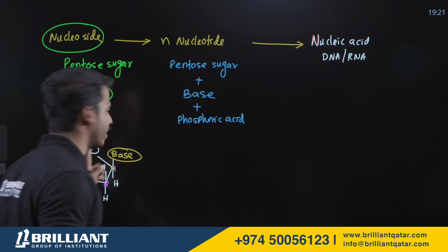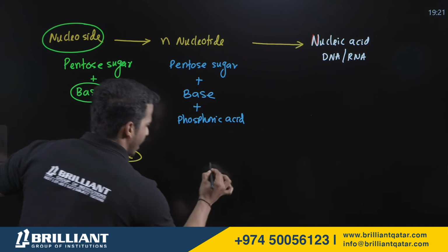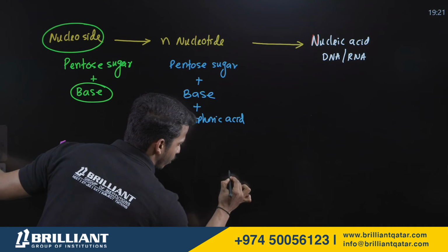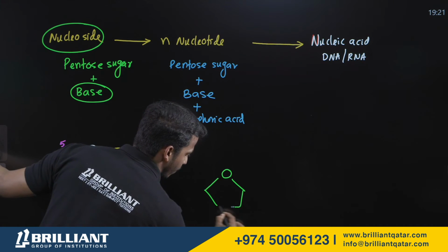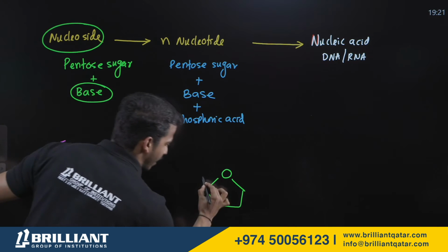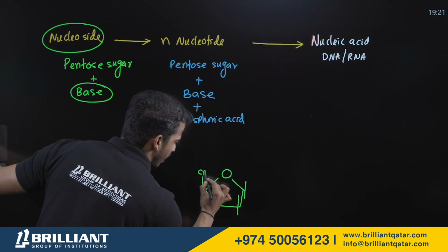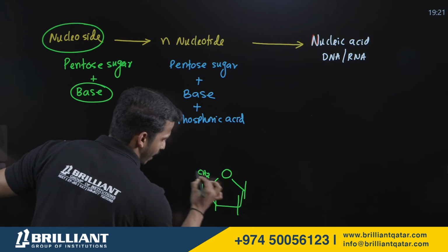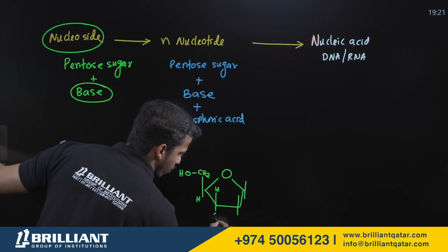Okay, so let me take the nucleoside first of all. Let me take the nucleoside once again, everyone. Let me take what we prepared here, the same nucleoside. What do you have? Here you have CH2OH, right? Here we have H, OH.